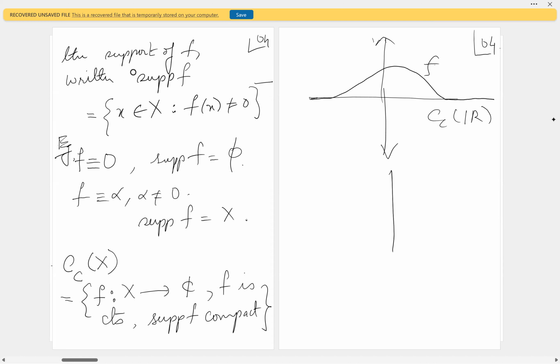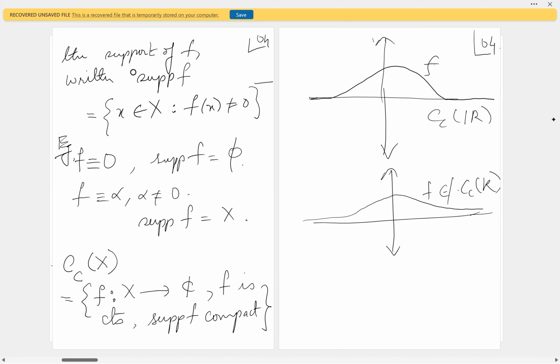But a function like this, which is not really 0, is not in C_c(R). Okay. All right, so now we need to give some structure to C_c(X).